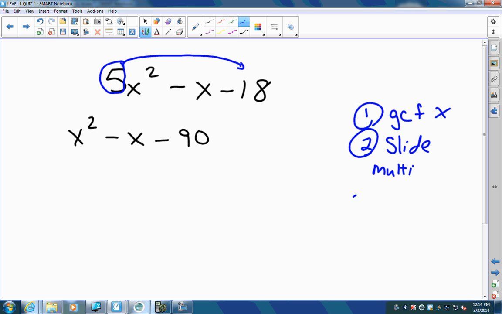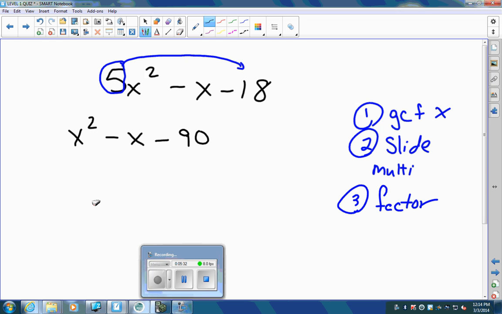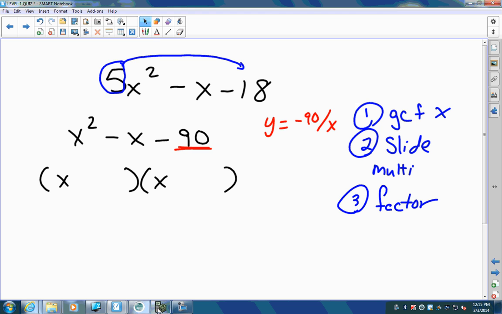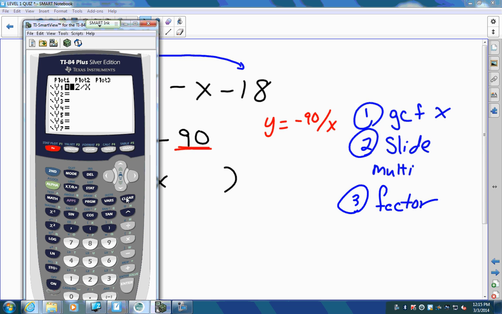Now we have to factor. So this one's actually not that bad. I am going to split it up into x and x now. I need the factors of negative 90. So you can go into y equals and put negative 90 divided by x. So when I do that, negative 90 divided by x, what do I need these numbers to add up together to be?